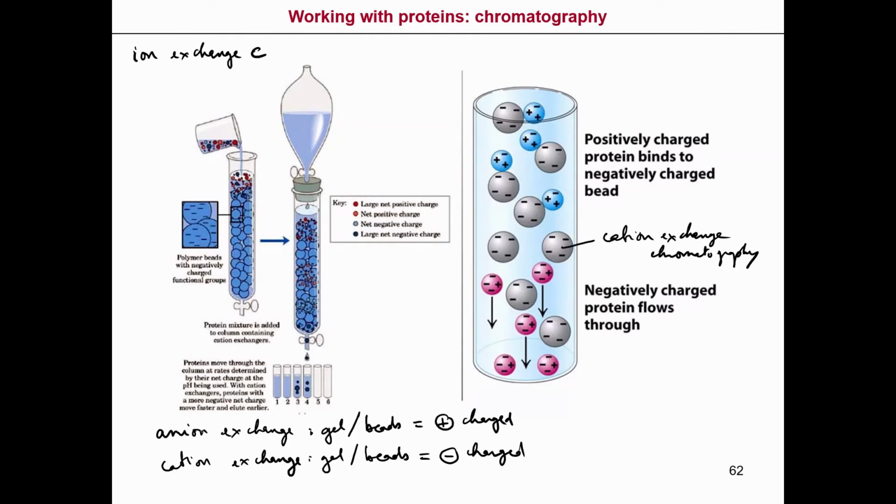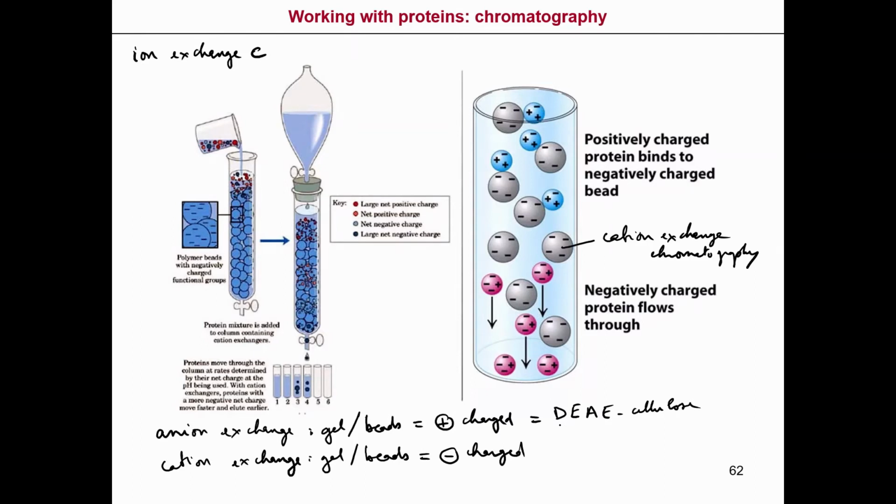When you have anion exchange chromatography, usually the bead has amine groups. It's DEAE cellulose, diethylaminoethyl cellulose.